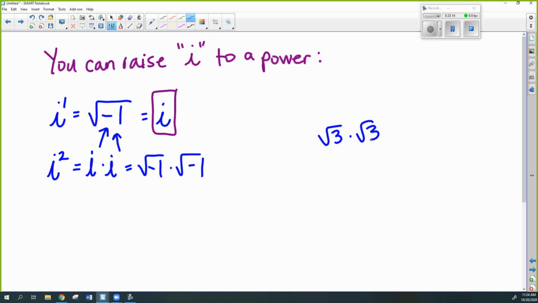All right, so the square root of anything times itself is just the number underneath, the same thing without the square root.